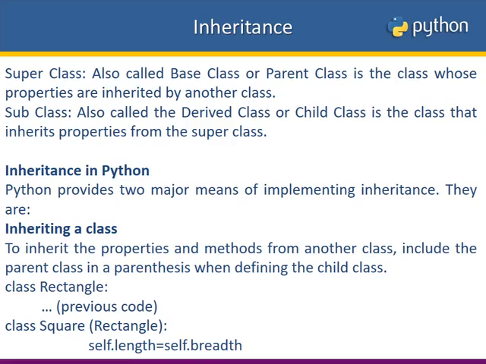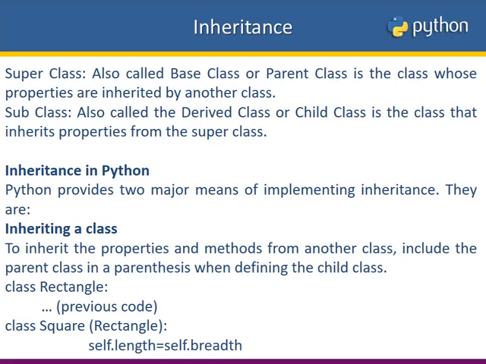And we have the subclass as well, which is also called the derived class or child class. They are the class that inherits properties from the super class. So the new class, which is the subclass, inherits properties from the super class, that is the parent class.